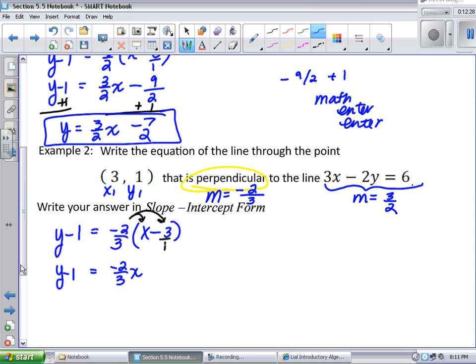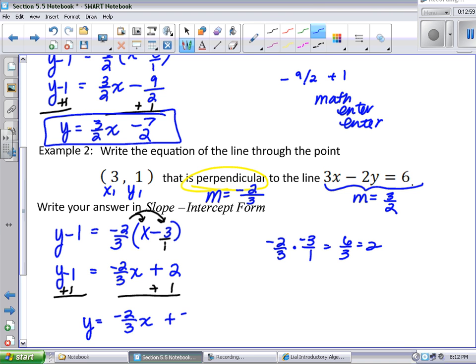Negative times negative is positive. The 3's will cancel, so we get a +2. Again, you can do it out to the side, and you'll see you get +6 over 3, or 2 if you multiply straight across. To get the y by itself now, add 1 to both sides, and we get y equals -2/3 x plus 3. And there's our answer.